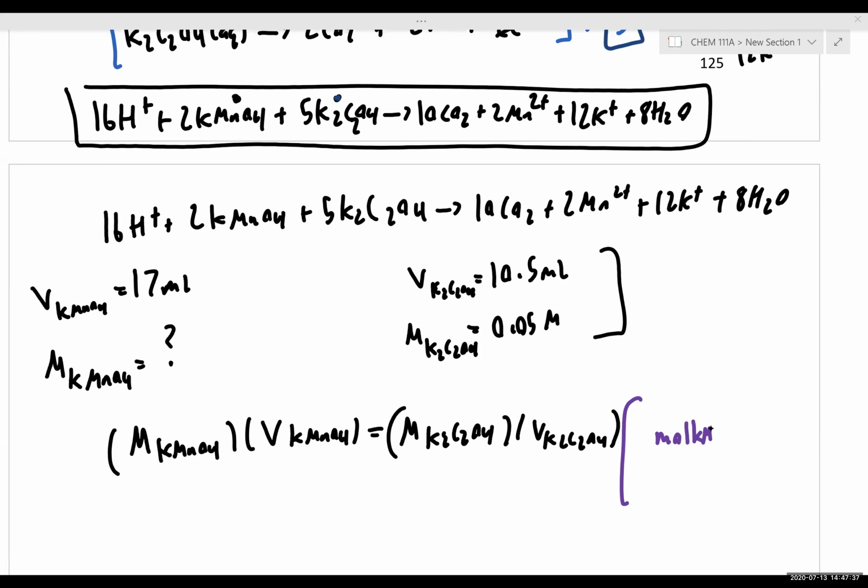Just one moment. Let me just move the chat box out of the way. So how many moles of potassium permanganate do we have per mole of potassium oxalate? What is our mole to mole ratio?